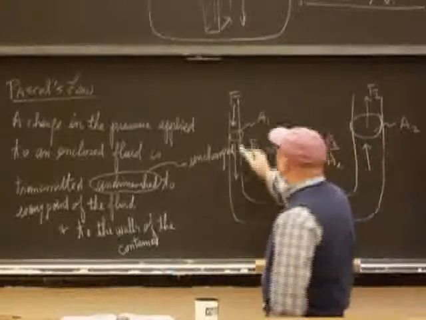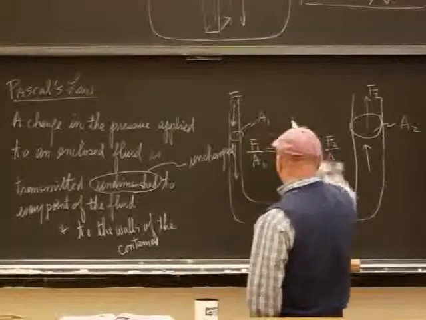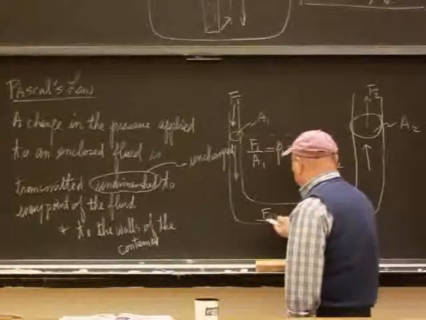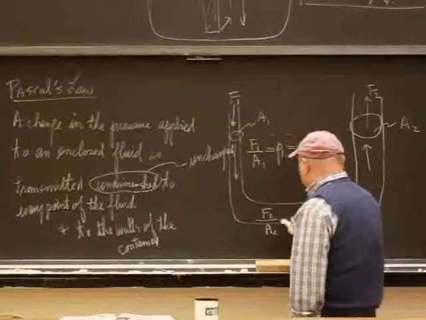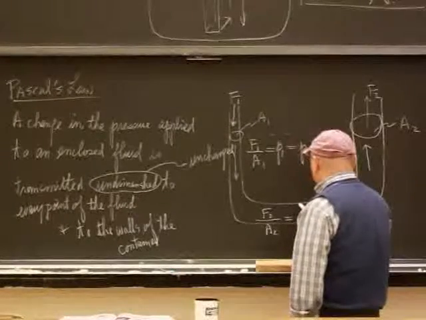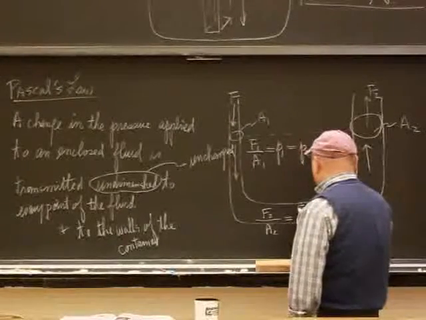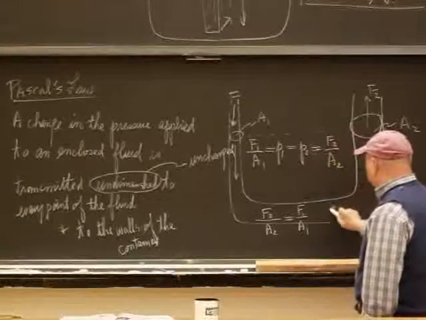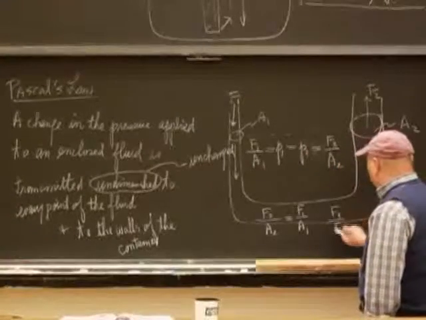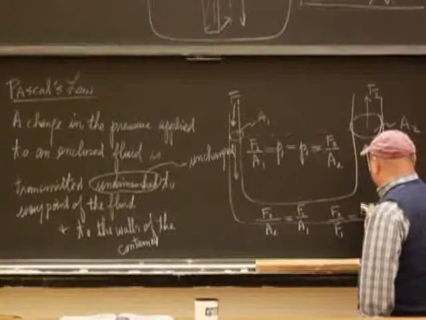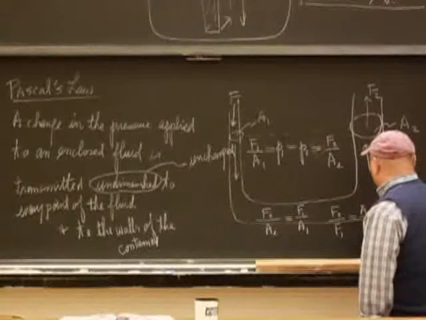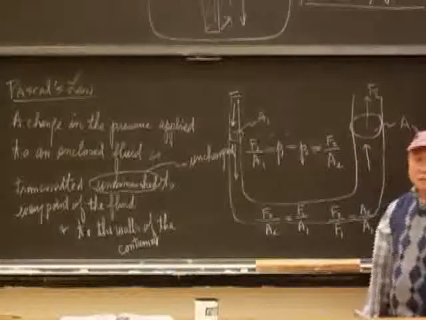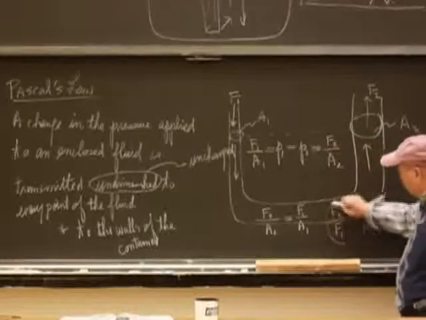Now we do one more step. F2 divided by A2 is equal to F1 divided by A1. So we have F2 divided by F1 equal to A2 divided by A1. Ladies and gentlemen, what is this?